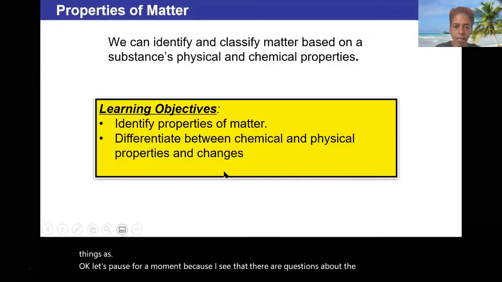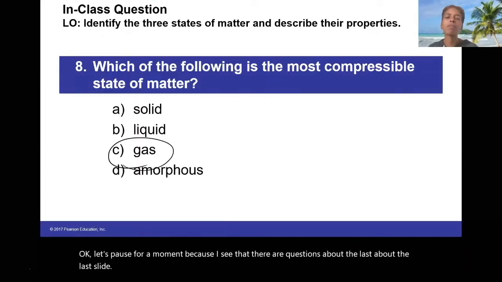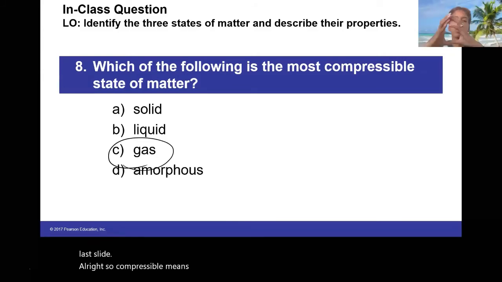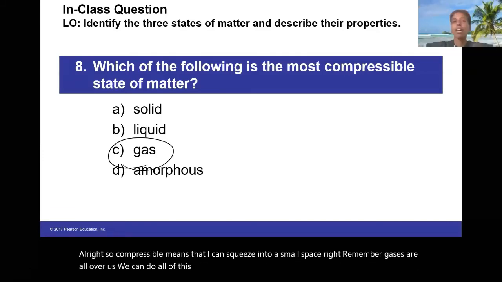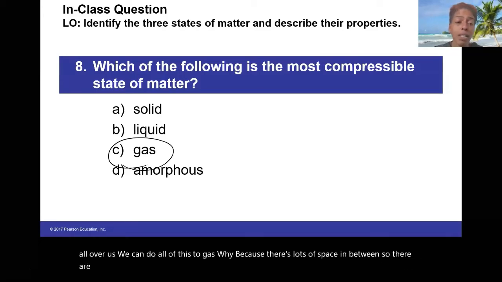All right, so compressible means that I can squeeze into a small space, right? Remember, gases are all over us. We can do all of this to gas. Why? Because there's lots of space in between. So there's plenty of space in between every gas particle, and that's why we can compress them.